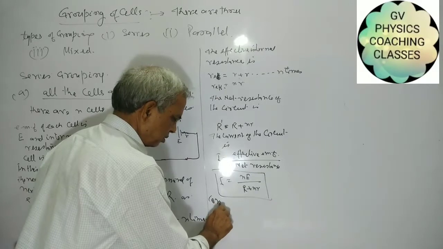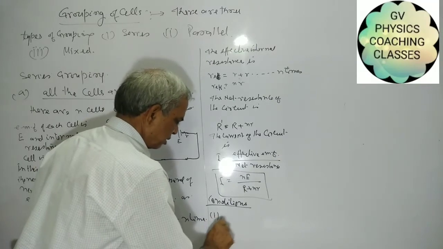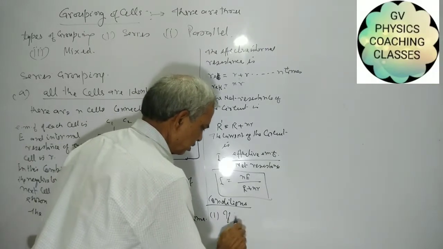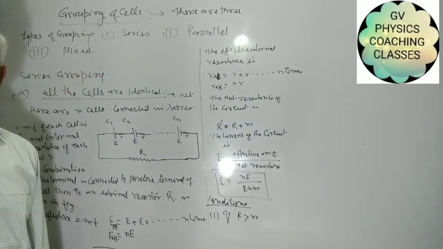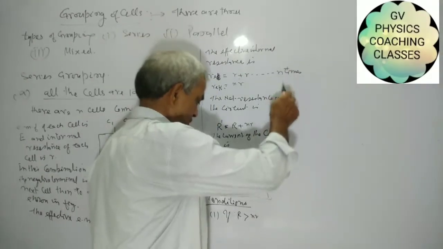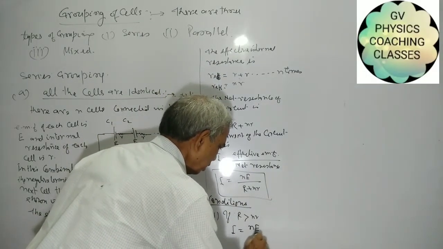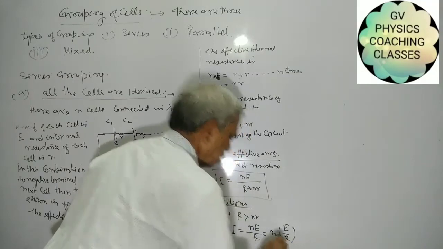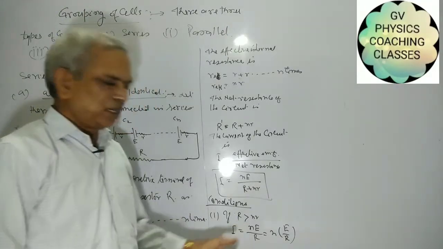Conditions. Case first, if R is greater than nr, in that case nr is neglected and I equal to nE upon R. It means n into E upon R. E upon R is the current due to the one cell. So net current is added.